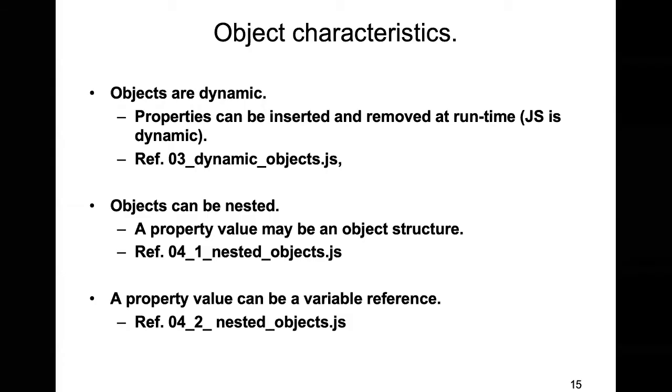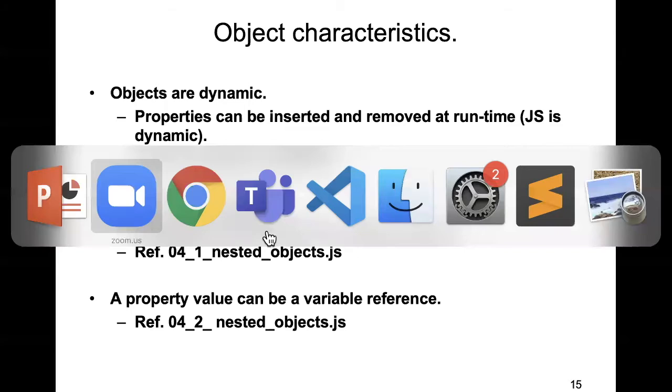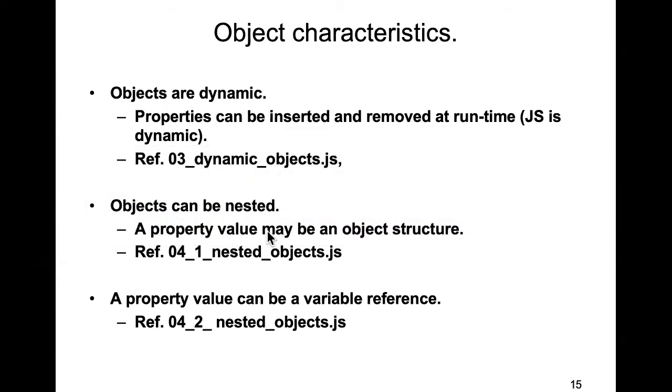Where we talked about objects being dynamic and the fact that we could nest objects. Dynamic meaning we could add properties or remove properties from an object after it had been declared.